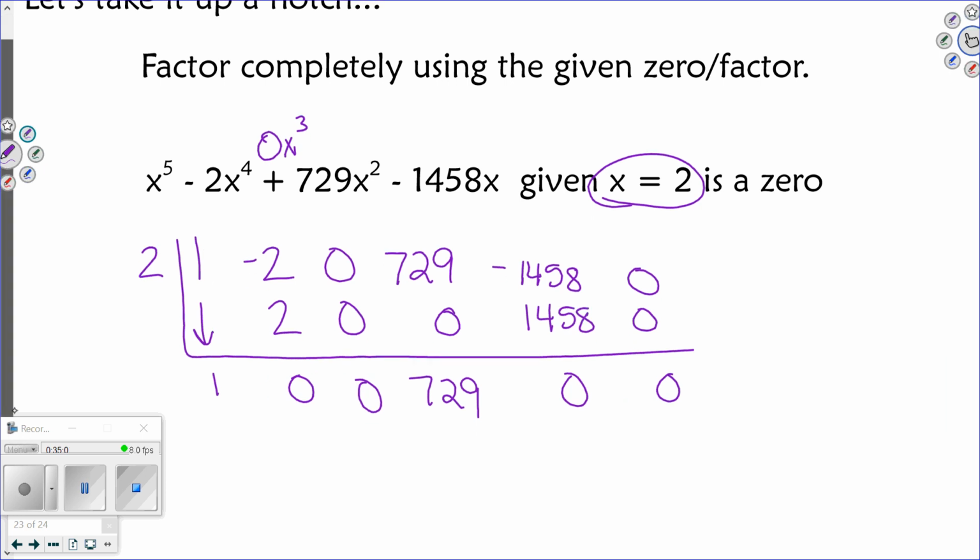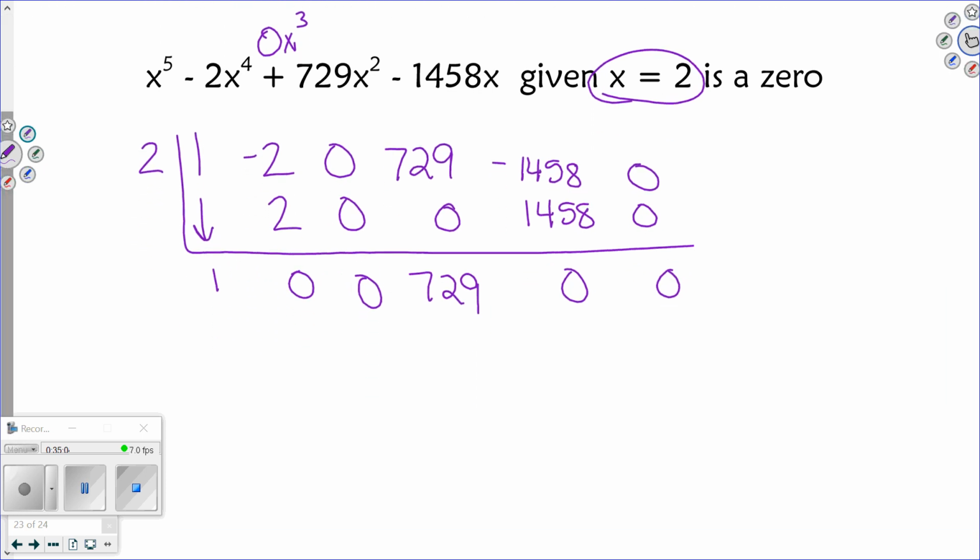All right, let's put our x's back in. This one was x to the 5th, so this one is x to the 4th, plus 0x cubed plus 0x squared plus 729x plus 0, and 0 for a remainder.